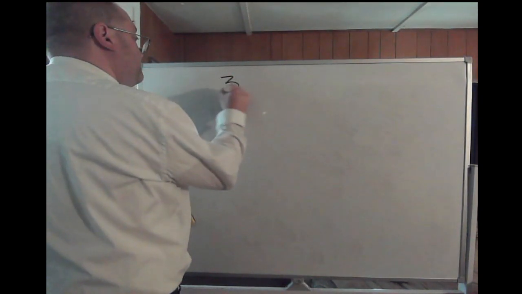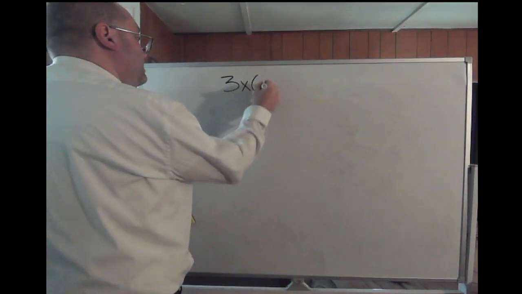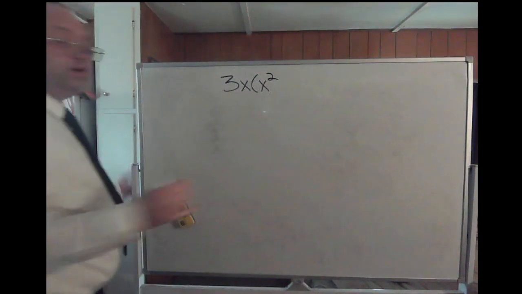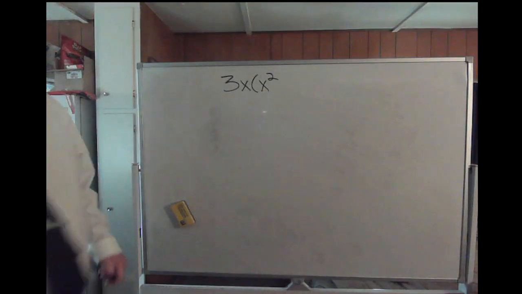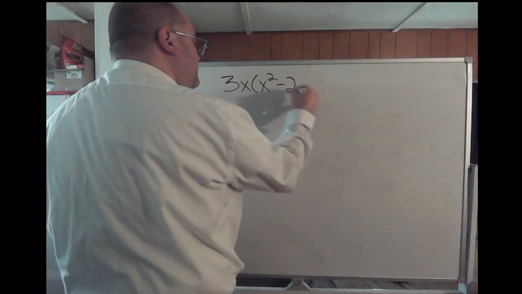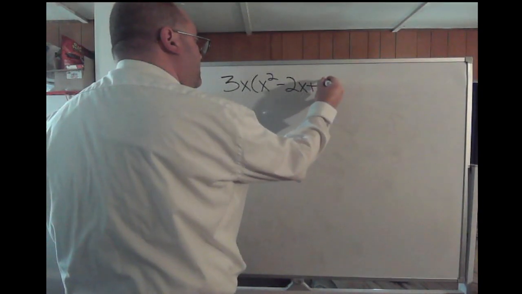Alright. Let's see here. We have 3x times the quantity of x squared minus 2x plus 4.